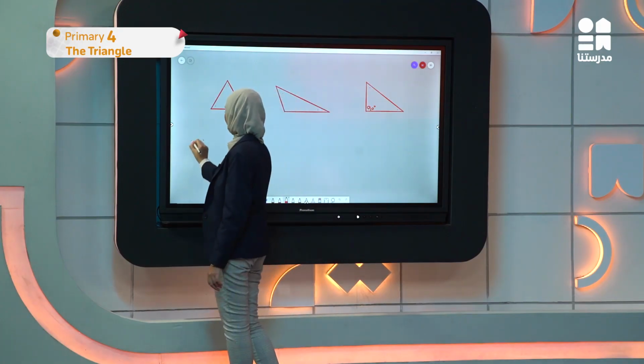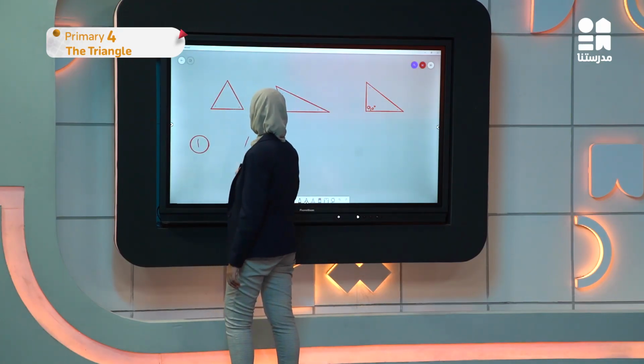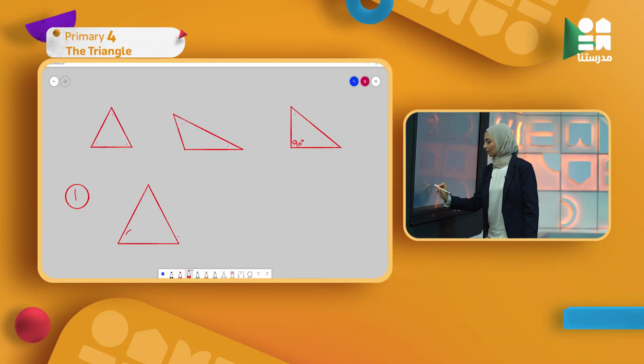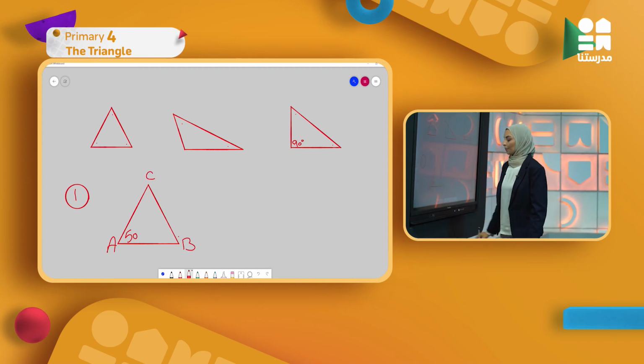The first one, here I have triangle. This triangle is called A, B, and C. Measure A equals 50. Measure B equals 50 degree.